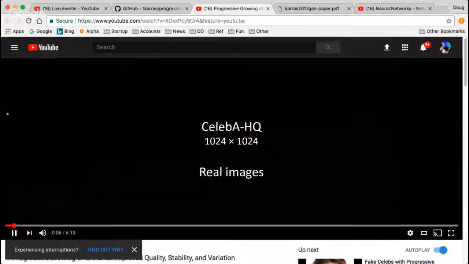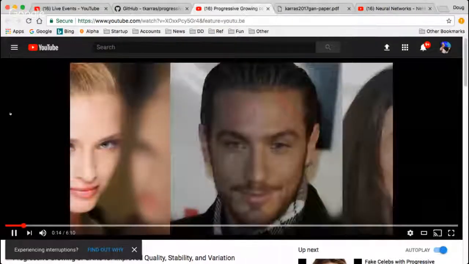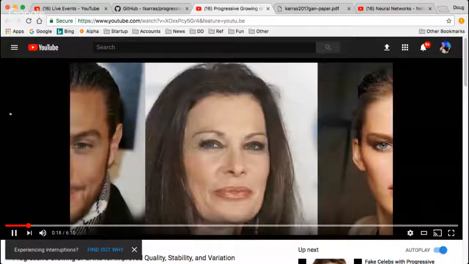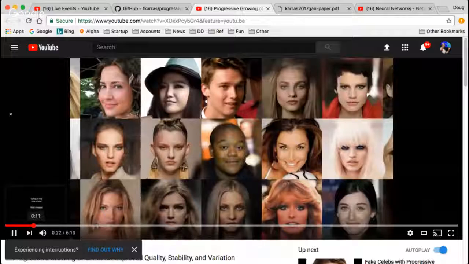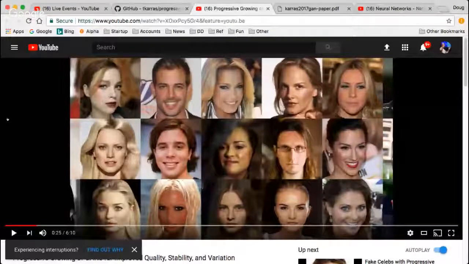So first of all, what are we trying to do? Adversarial networks, or GANs, are all the rage in the community. The whole goal is to train something, at least in this case.